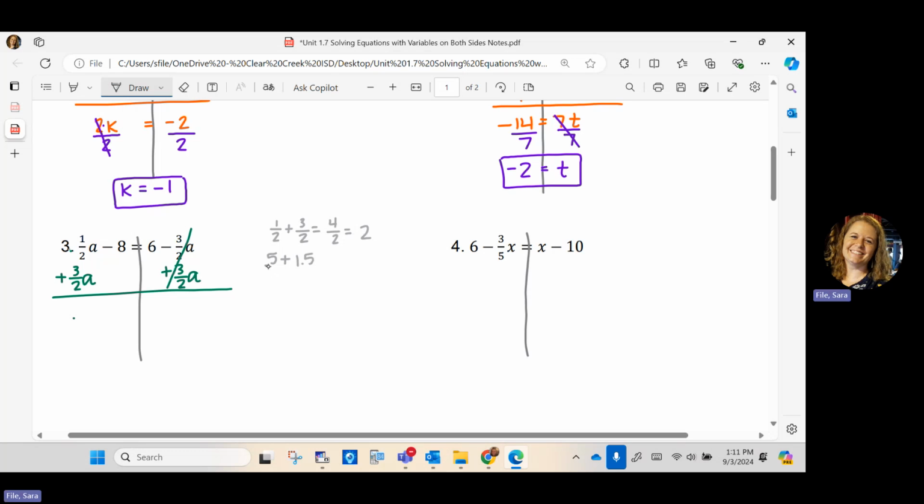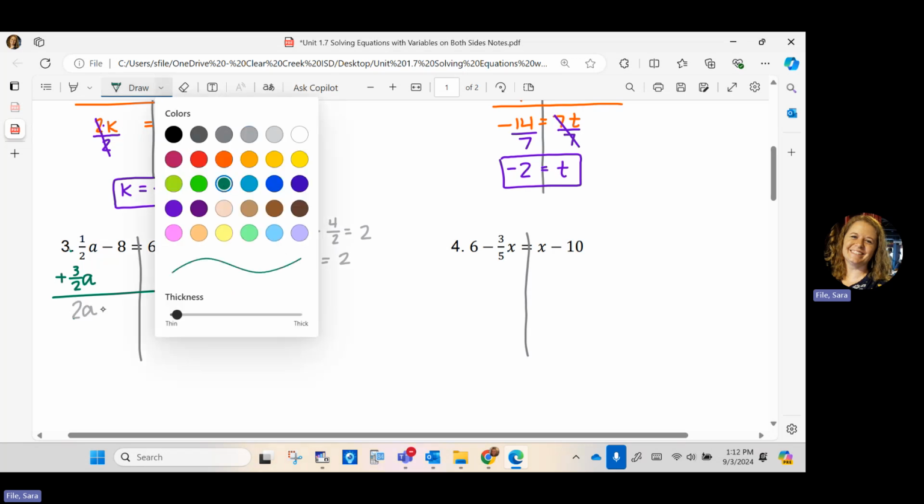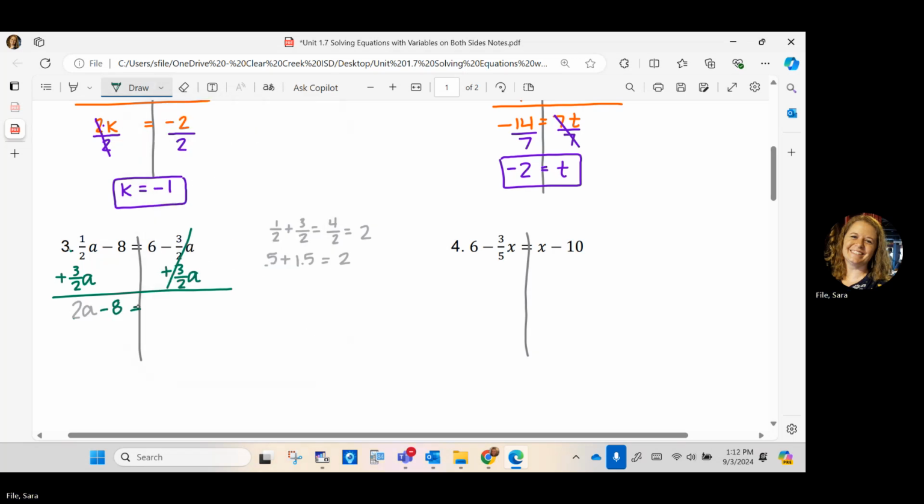So if you did 1/2 plus 1.5, that would equal 2. So whether you deal with it as fractions or decimals, either way you get 2. Do y'all agree? So we've got 2A, and then the -8 is still here, and that's equal to 6.